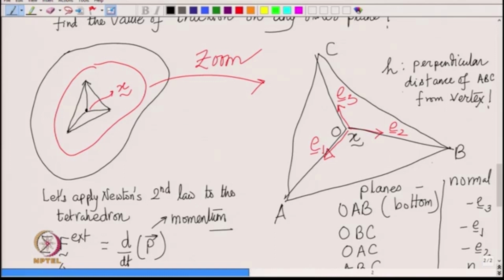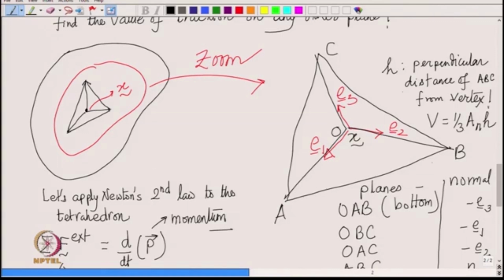So, if that is your H and the area of the tilted plane is A n, the volume V is then 1 by 3 into A n into H.